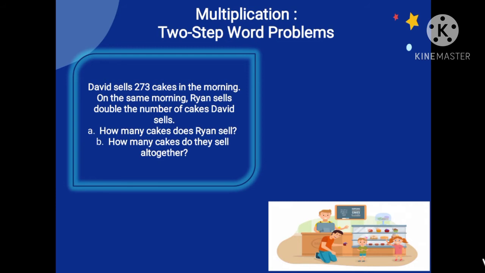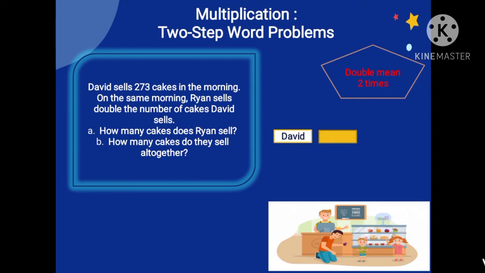So remember, double means 2 times. So twice and double mean 2 times. Now the first question, how many cakes does Rian sell? Let's answer this one first. So double means 2 times, the same as twice.